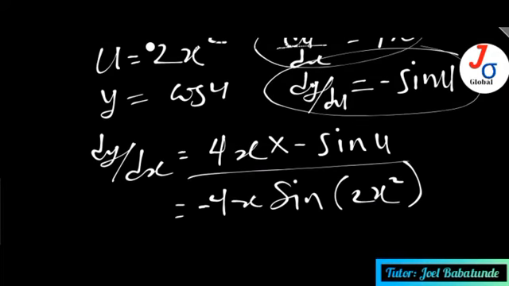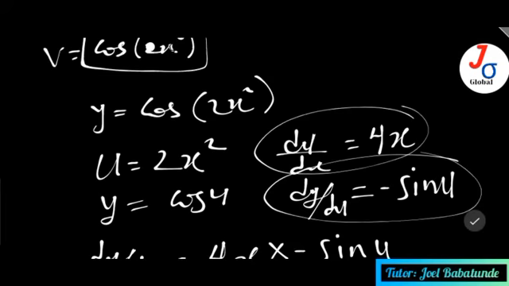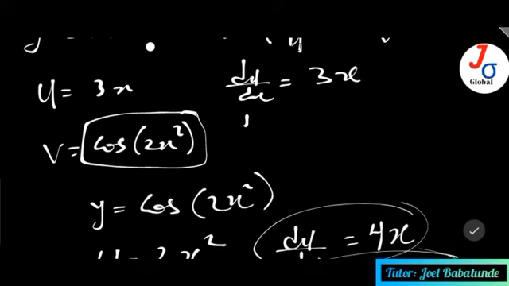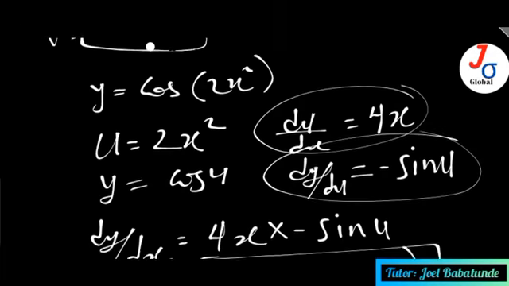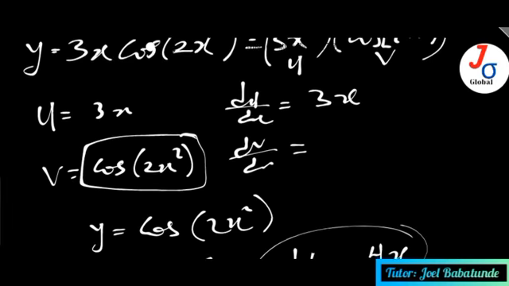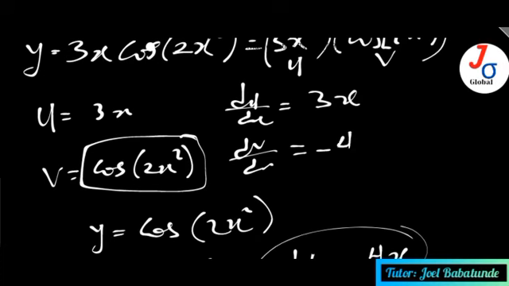So that's it. I'm going to take this as my derivative for this. So dv dx is actually minus 4x sine 2x squared.